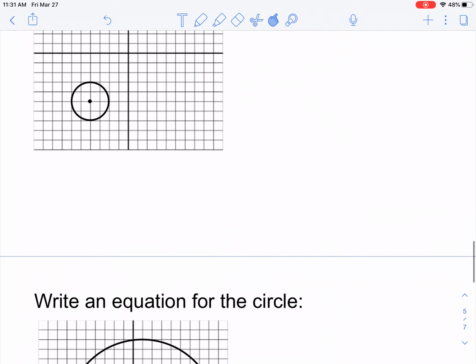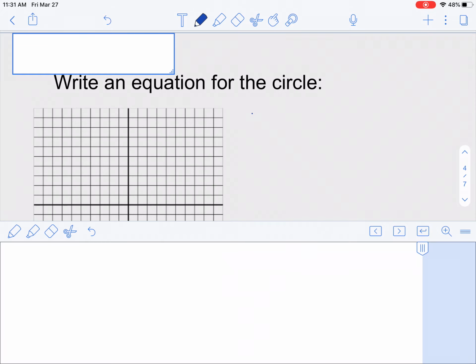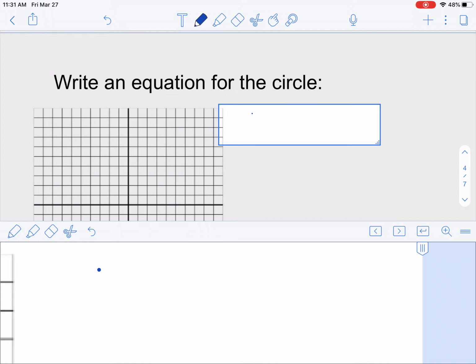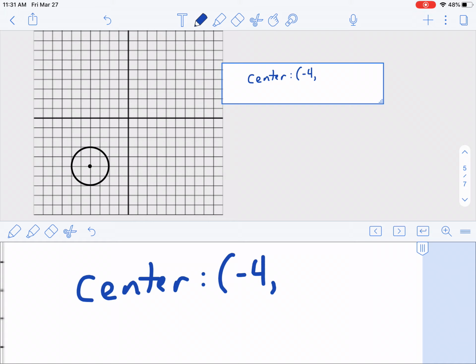We'll do one more example of this, and then I'm going to call it good, I think. On this one here, it looks like my center is at (-4, -5). And my radius is 2.